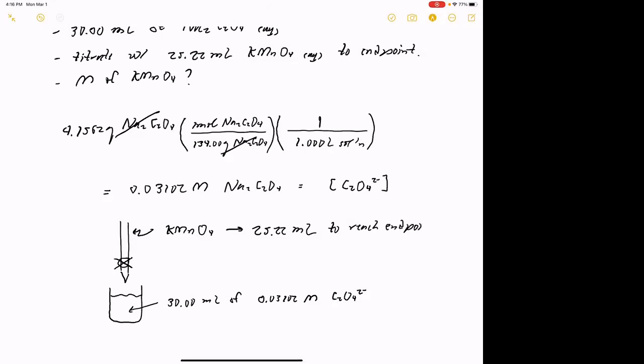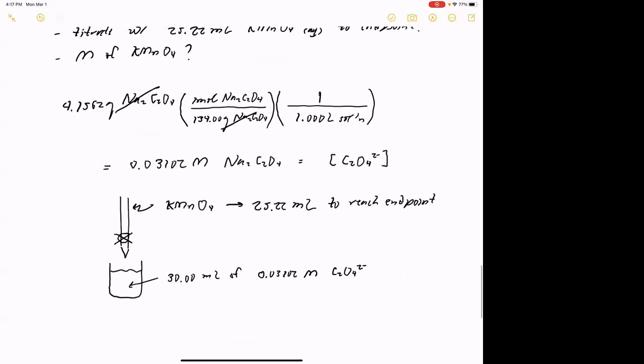So, reminding ourselves what the endpoint looks like: I'll be adding the KMnO4 to the colorless C2O4 2- solution until I see that very pale pink develop, which tells me I have a very slight excess of the permanganate ion in there. That's why in this situation I'm adding the permanganate to the oxalate, because it's easier to actually see the pink develop than to see the pink go away. It's always easier on our eyes to see color develop than color go away. So that's why we did it this way.